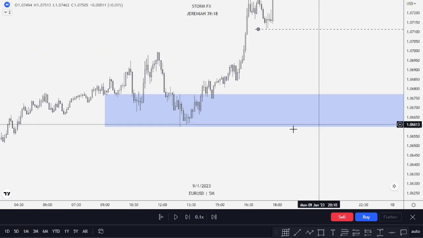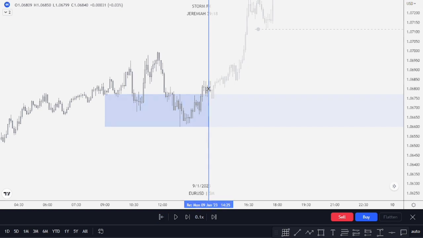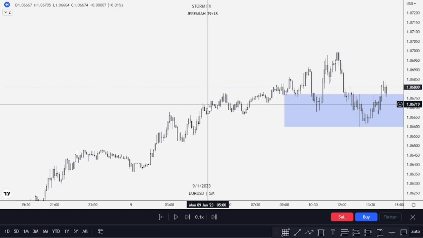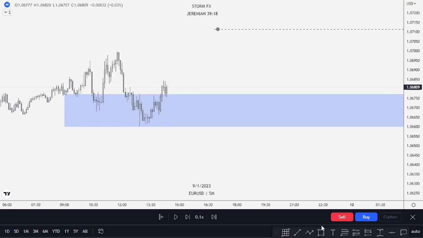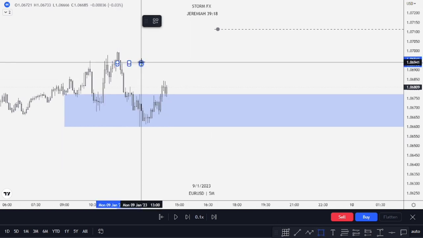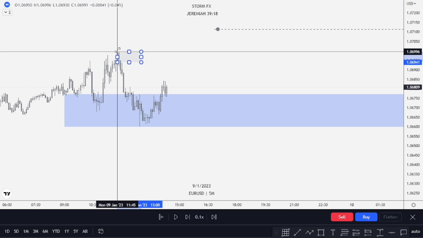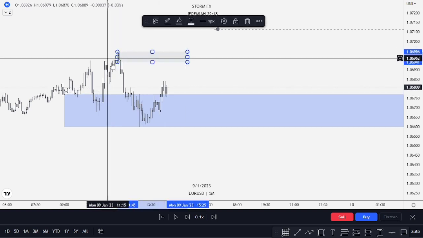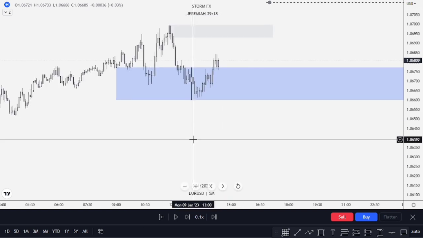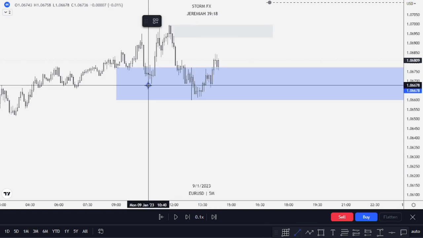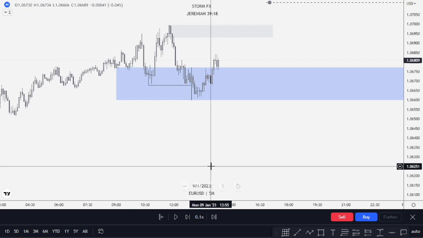No, it wasn't there, it was here. On Monday I had seen this zone react up here, and there was this supply that was left here, yeah, supply. So it had confirmed to me a market structure shift, but not yet a break of structure. So this was a market structure shift.